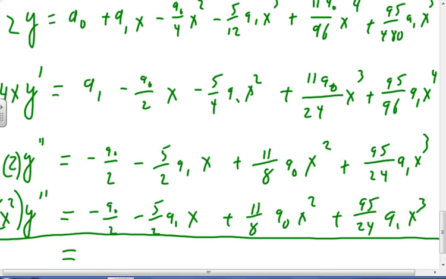Okay, so I've got 2A0 minus A0. Okay, so 2A0 minus A0 does not get us there. So that means that already we made a mistake someplace, and now we have to go back and find it.